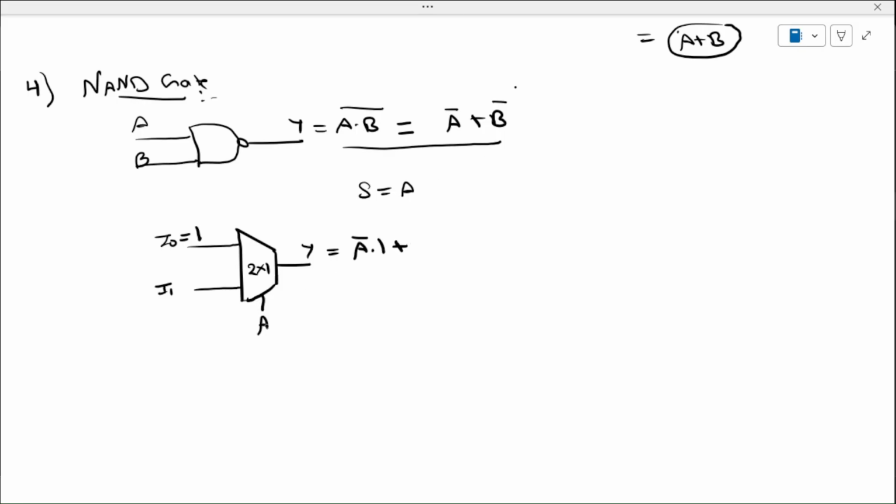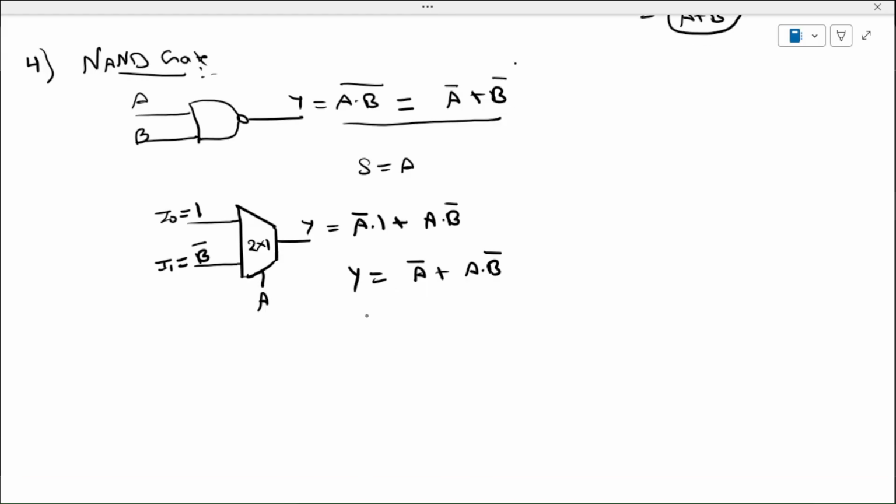Okay. Then if my A is 1, then I1 will be B bar. Will be A dot B bar. So the equation will become Y is equals to A bar plus A dot B bar.